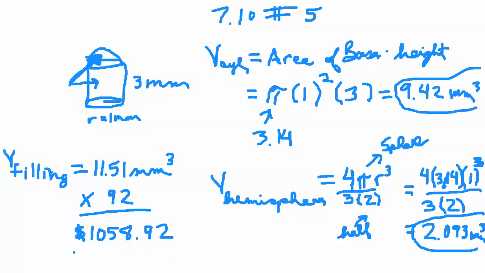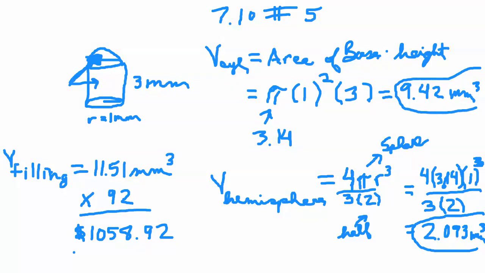Okay, it's probably a rounding issue. I don't think we rounded anything. Should we round it to be 59? No, it says round to the nearest cent.